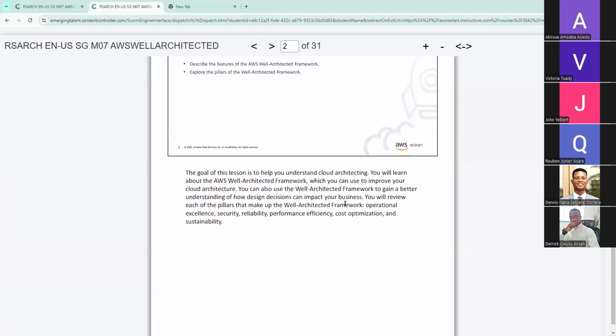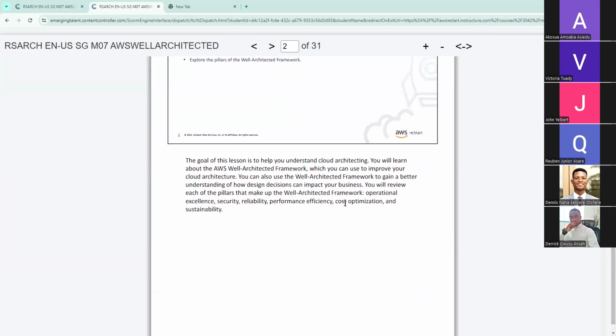Okay, so we are looking at cloud architecting. When you are provisioning resources, you are designing your environment, the factors that you need to put in place for you to be able to architect, okay, for you to be able to design an environment that is not going to cost you unnecessary costs.